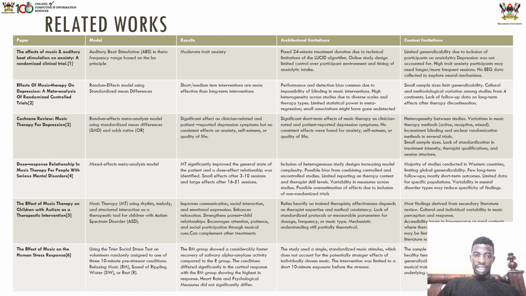With this paper, we looked at it, and then we came up with the results, the architecture limitations, and then the context limitations. So we tried to look at different papers to see what they didn't cover, and then we'll cover it in our music system or AI system.